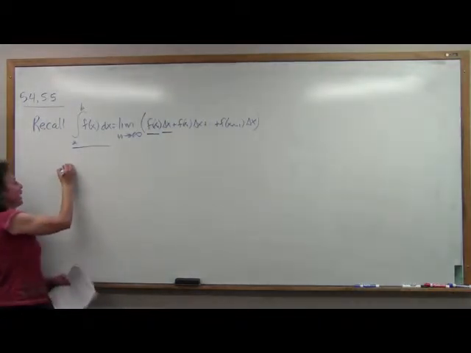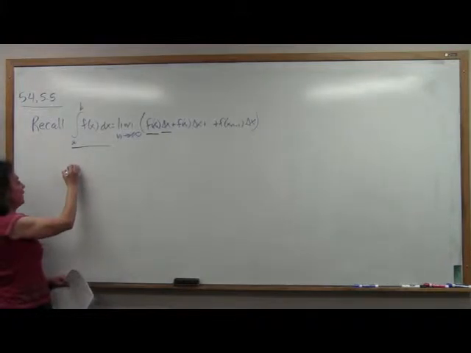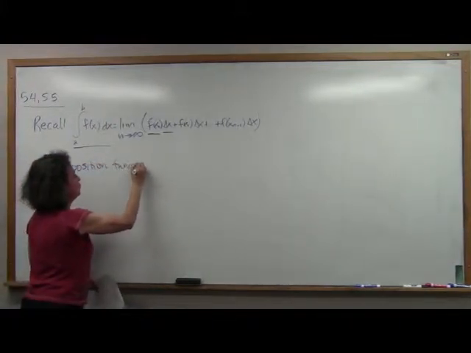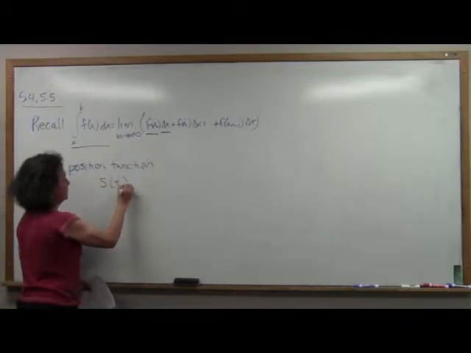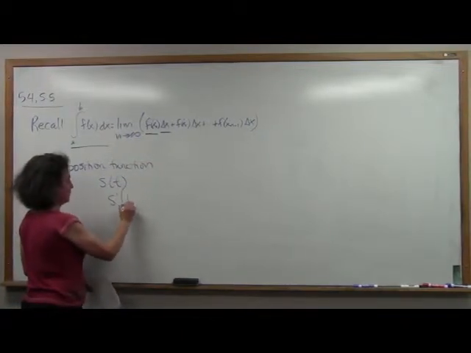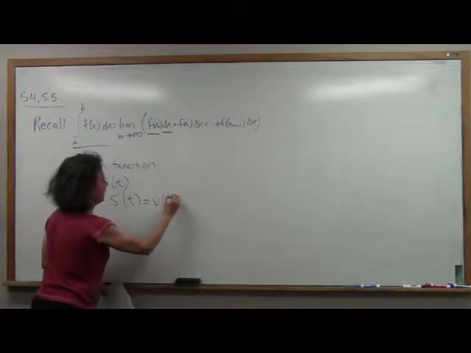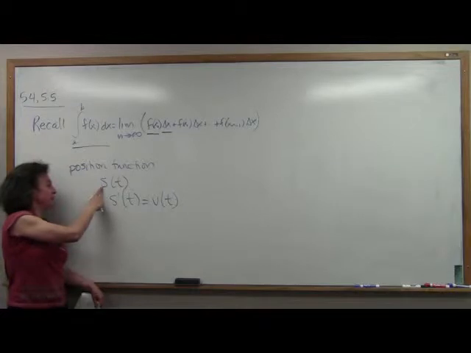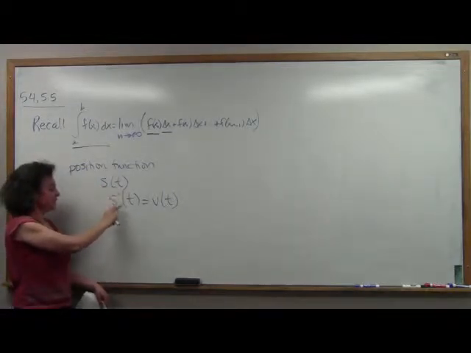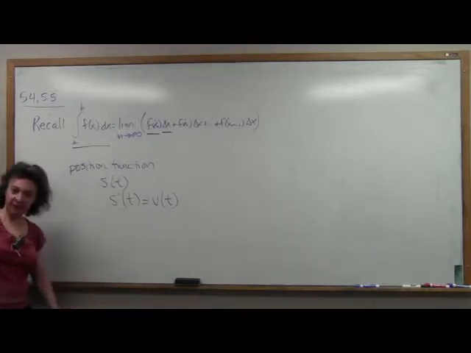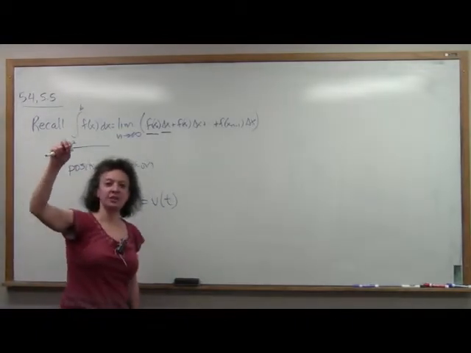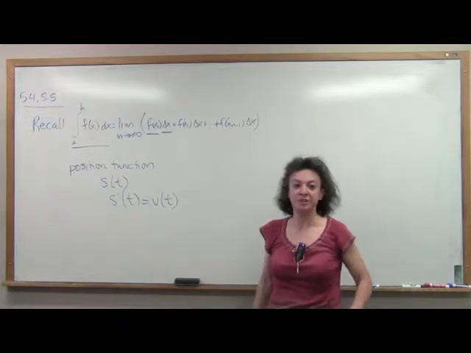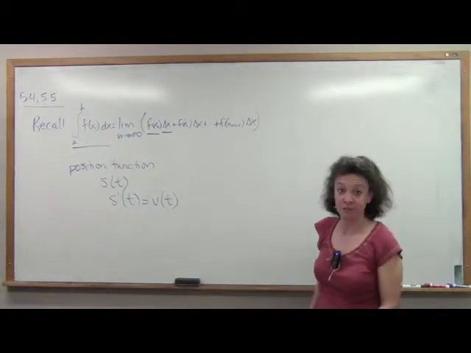You may recall that at the beginning we saw that when we had our position function, which we call s of t, when we take the derivative of the position function, we get our velocity function. Why? Because, okay, maybe this is in feet and this is in seconds. When you take the derivative, that's the slope. It's the change in distance over change in time. It's feet per second, which is exactly what the units of measurement are for our velocity function.